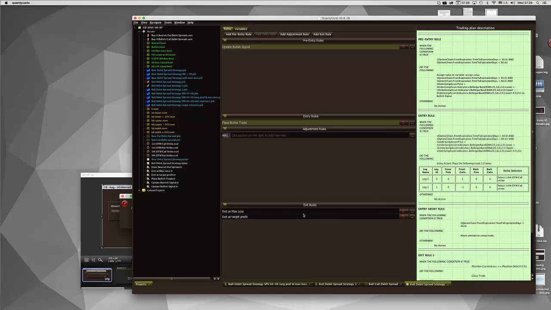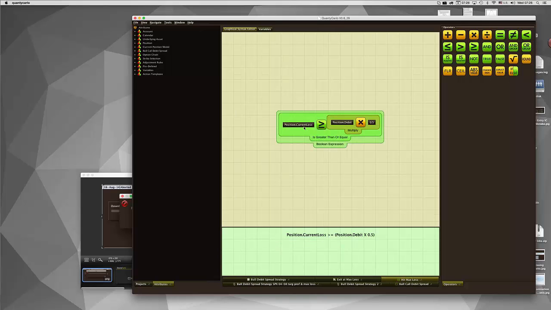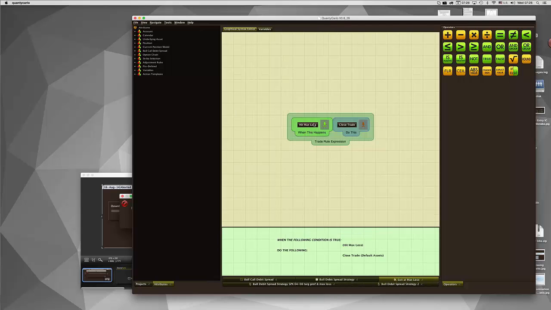And then I added an exit at max loss. Exit at max loss is pretty simple. I've got an expression here that says hit max loss. How did I do that? I said whenever my position current loss is greater than or equal to my position debit multiplied by 0.5, then I'm going to say I hit my max loss. That's how I define hit max loss.